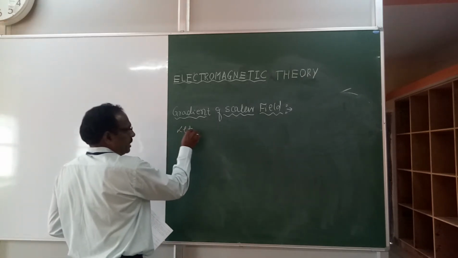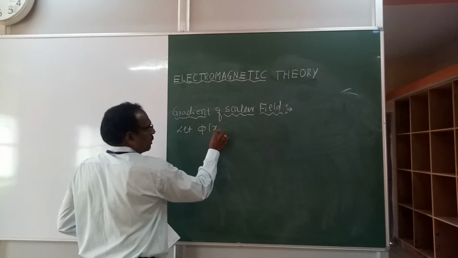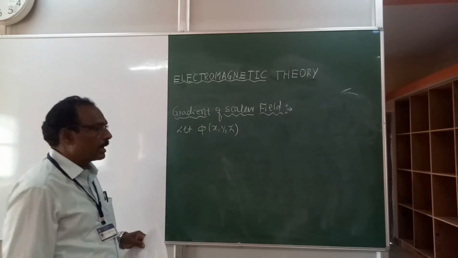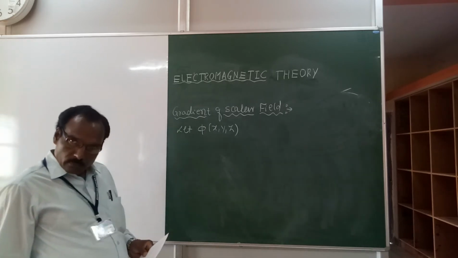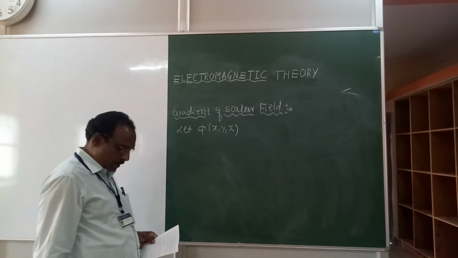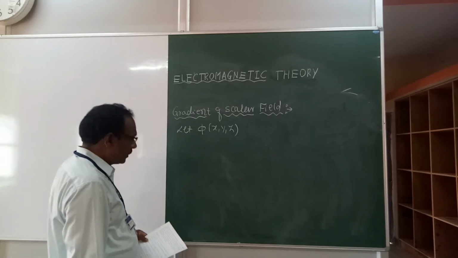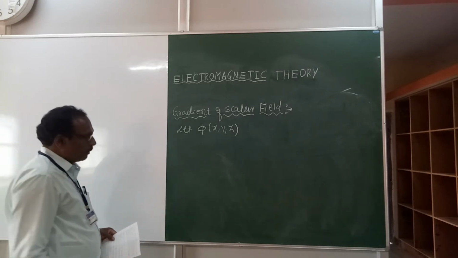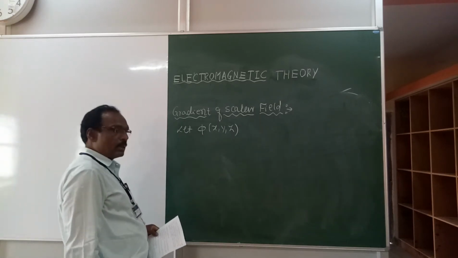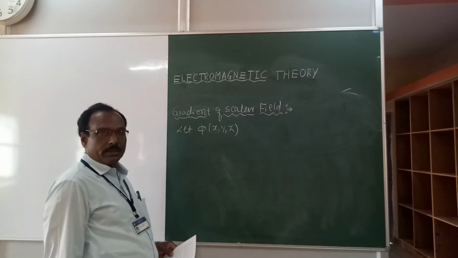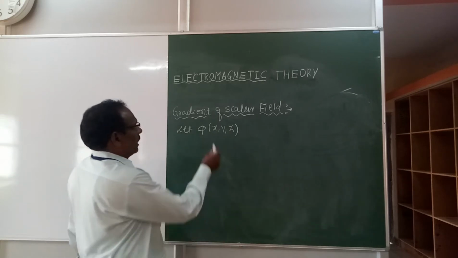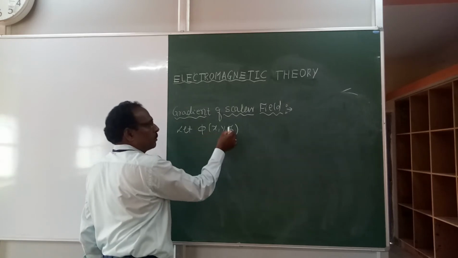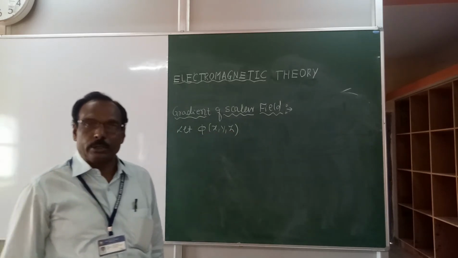We'll consider here phi of x, y, z to be a continuous scalar function, which is a differentiable scalar function. The gradient of a scalar field, say function phi of x, y, z, is a vector.